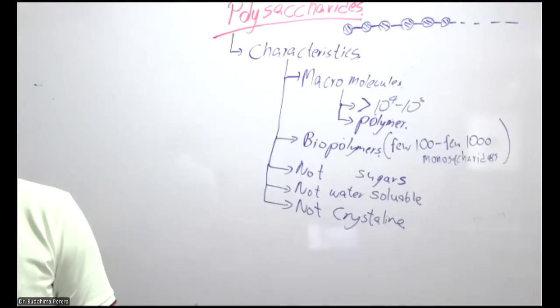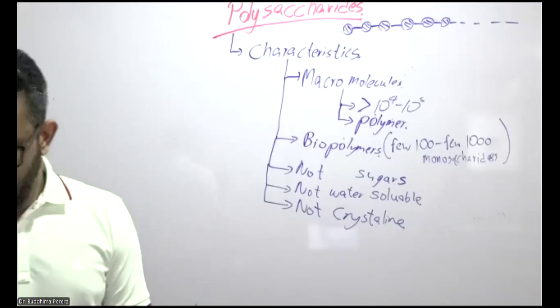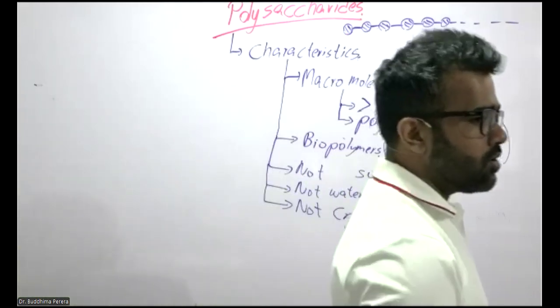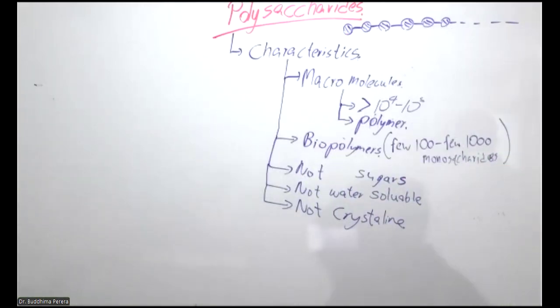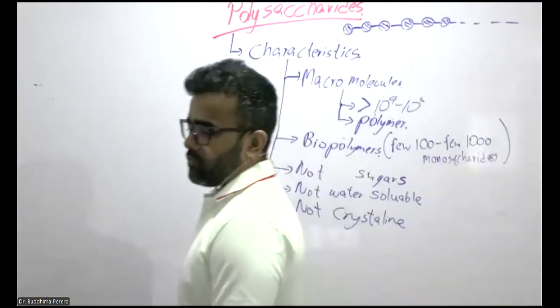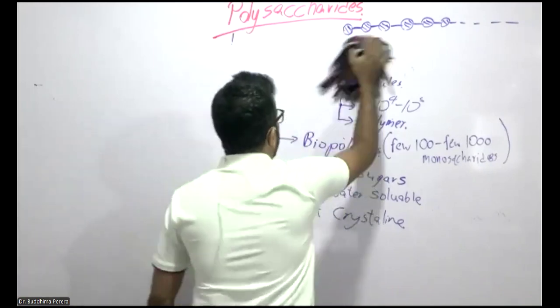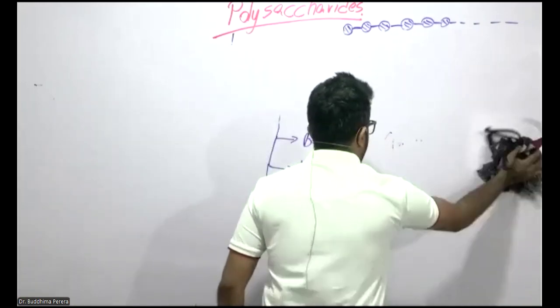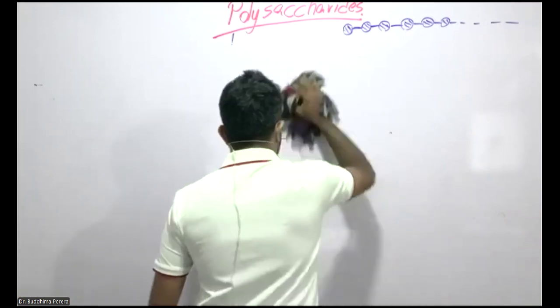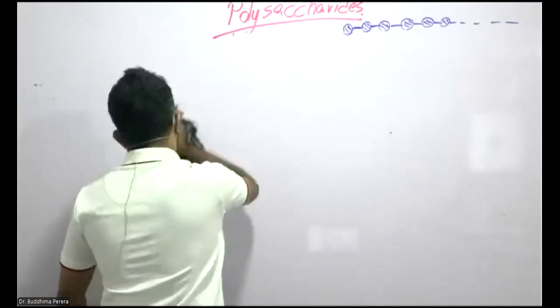Then there are two types of polysaccharides. What are these two types?